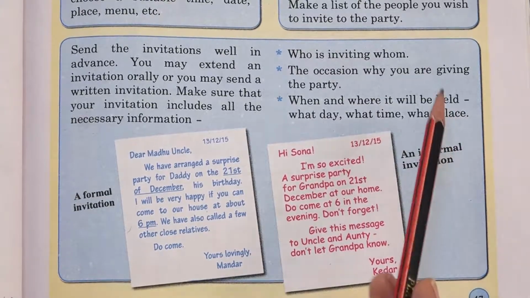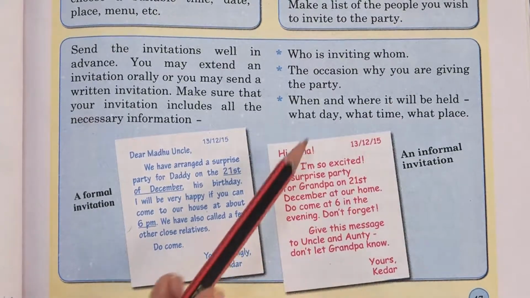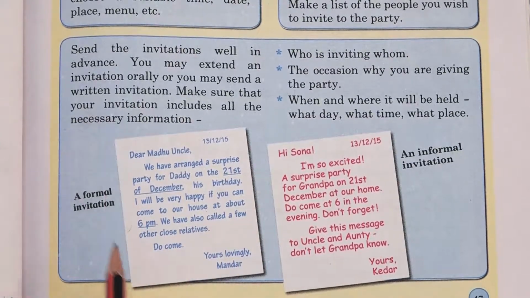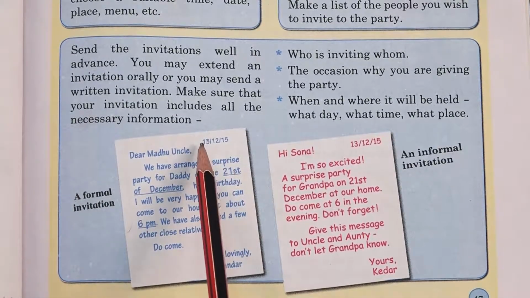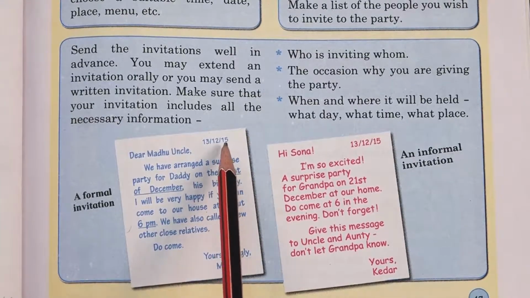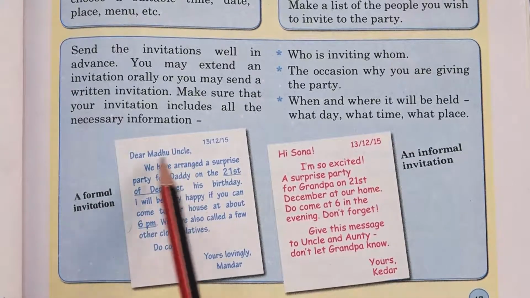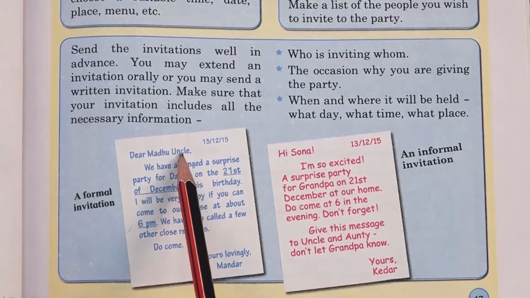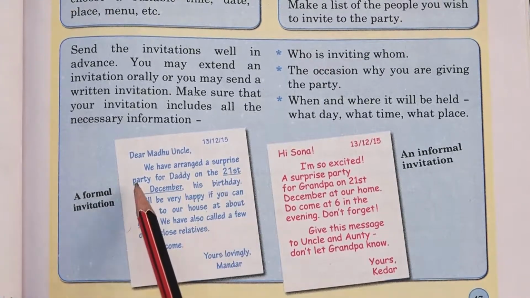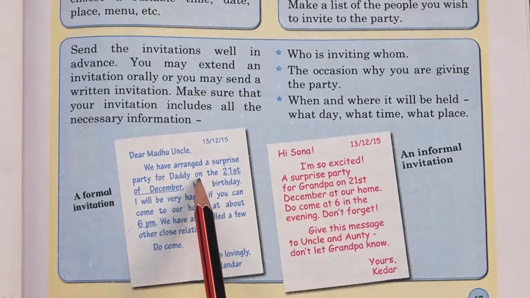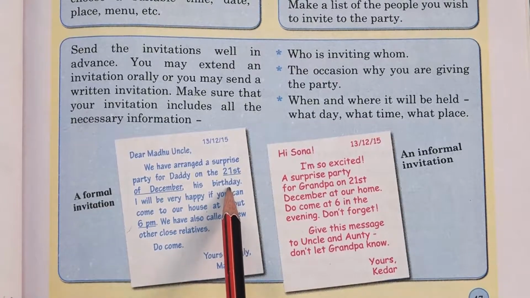Children, we are given two examples for an invitation. The first one is a formal invitation. The date is 13/12/15. It is addressed to Madhu uncle. Dear Madhu uncle, we have arranged a surprise party for Daddy on the 21st of December, his birthday.